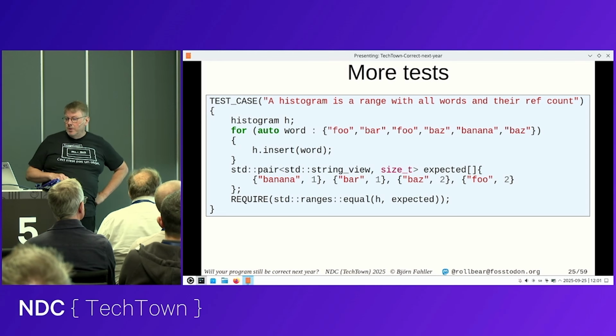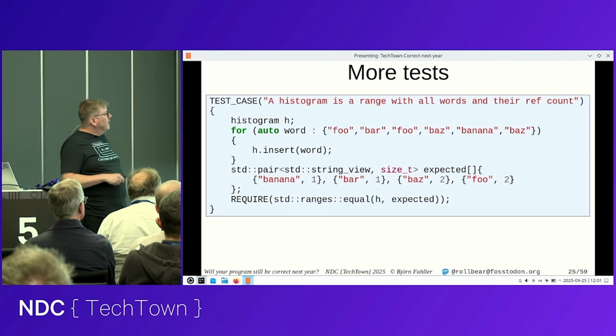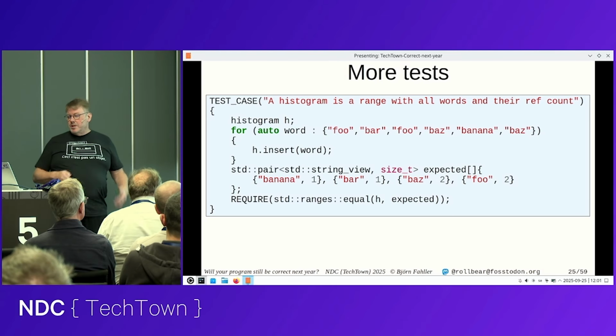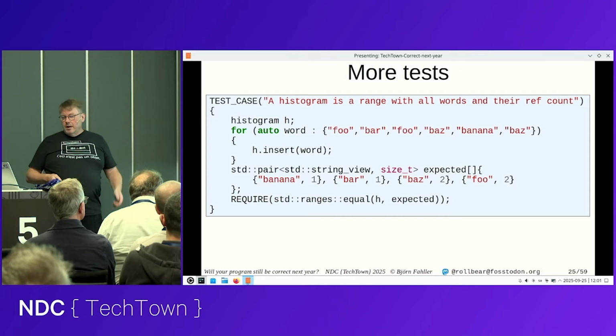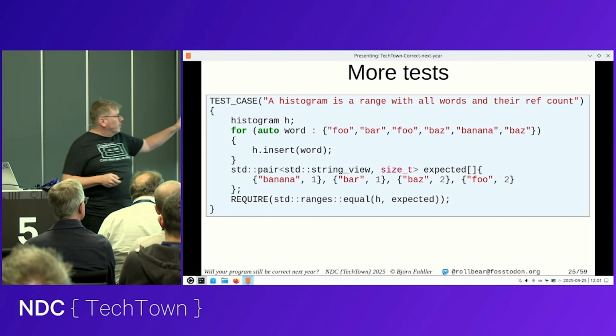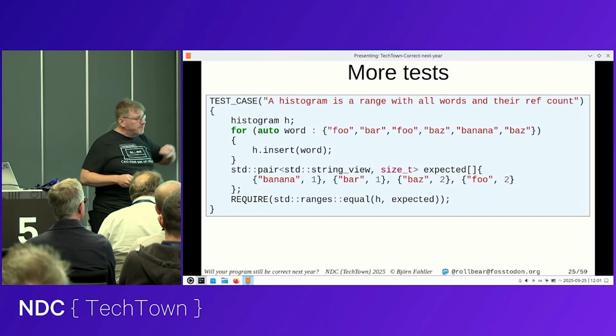So we do some more. We want to test the range behavior. We say that a histogram is a range with all words and their reference counts. So we create a histogram, add some words to it, create something that we want to compare with, and then assert, require that ranges equal our histogram with the expected result.